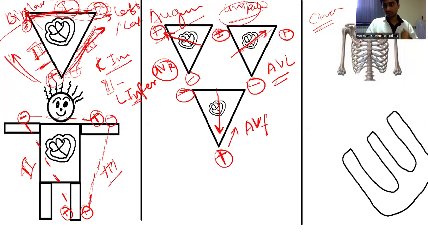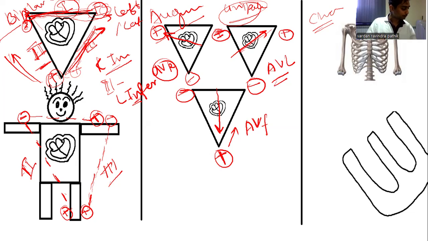Now let's talk about the chest. When we discuss the chest, we put precordial leads like that. This is your sternal angle, and through the sternal angle we can know the second rib, and we will come to the intercostal space, like we will count 1, 2, and 3, right?